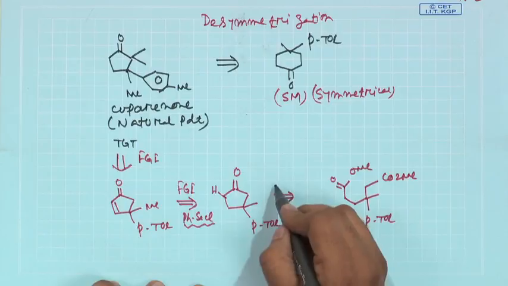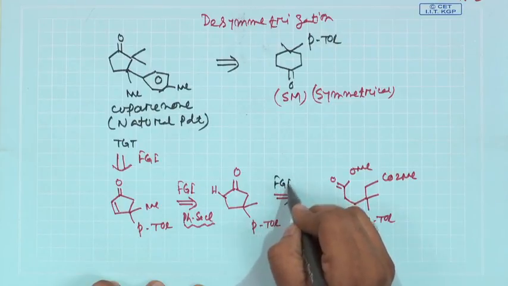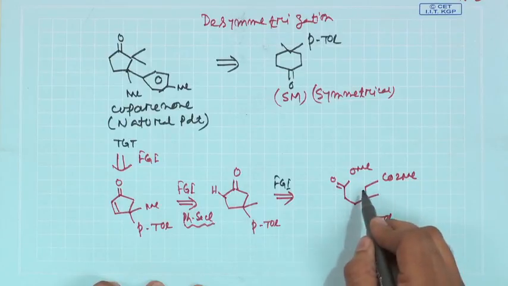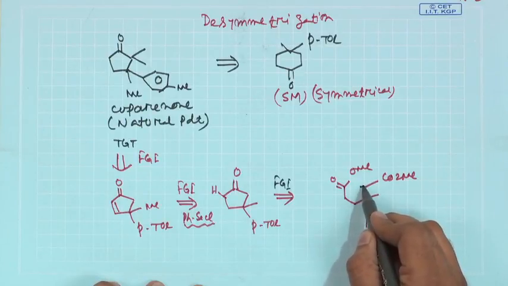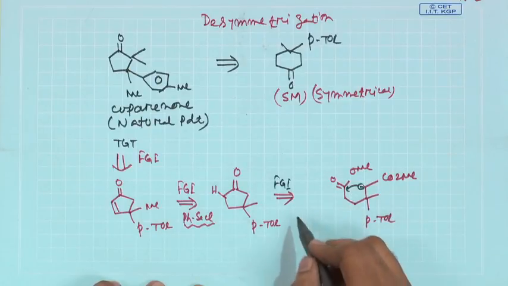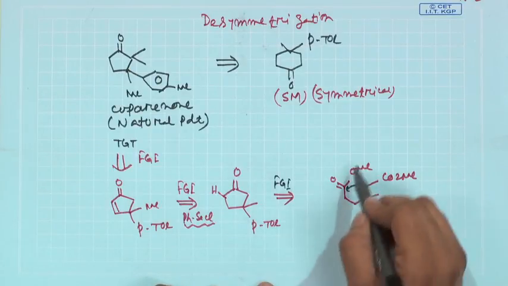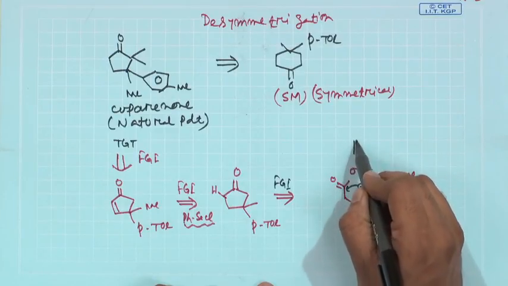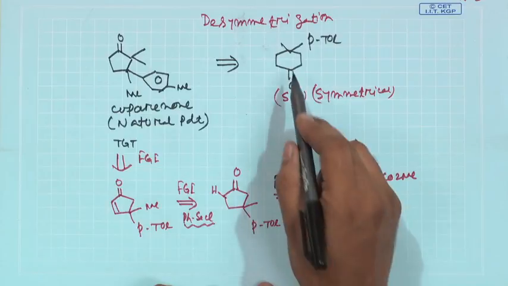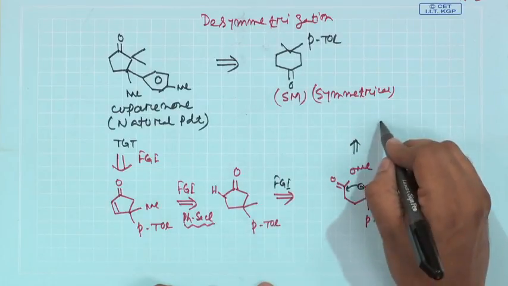So, this FGI was saying that as a Dieckmann type of reaction, you use these groups to undergo the Dieckmann cyclization. Fine. Now, I am coming to the starting material, and how this starting material can be converted to here.